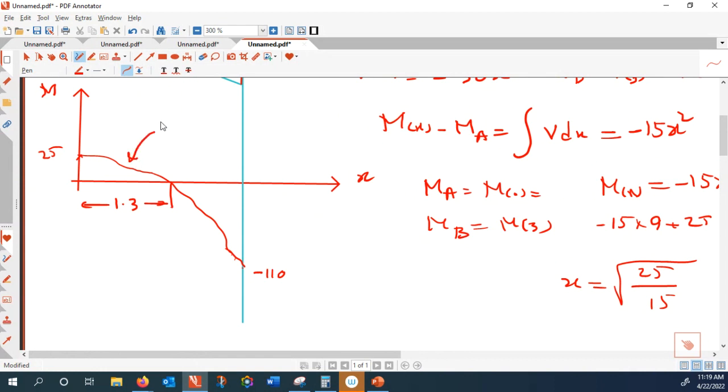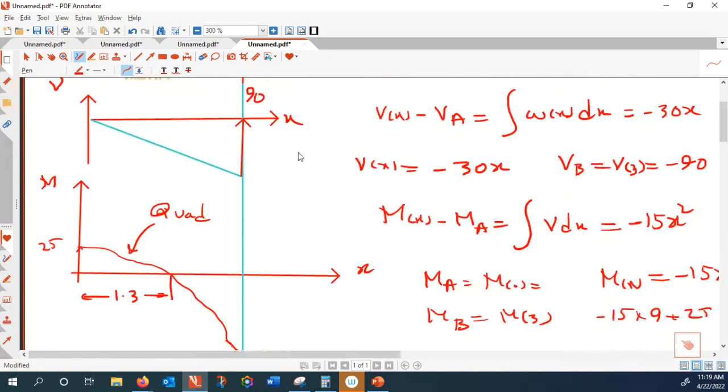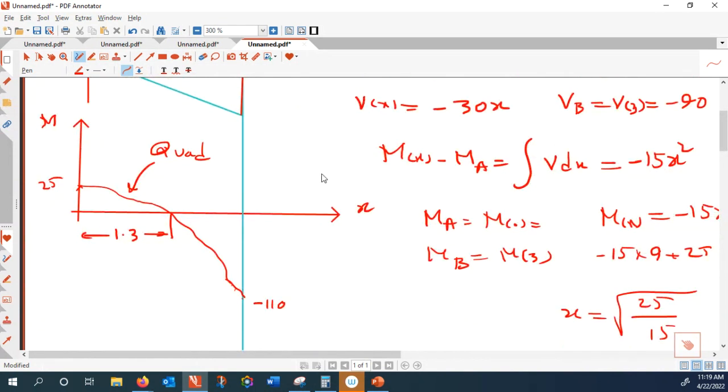This is quadratic. And then we have a reaction which brings that back to 0 after.